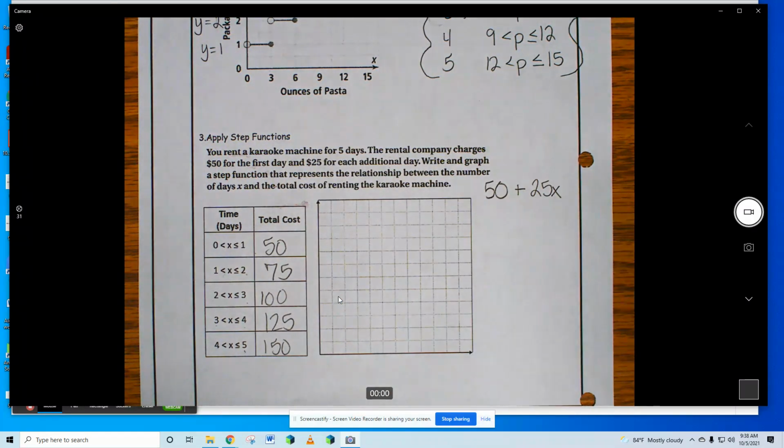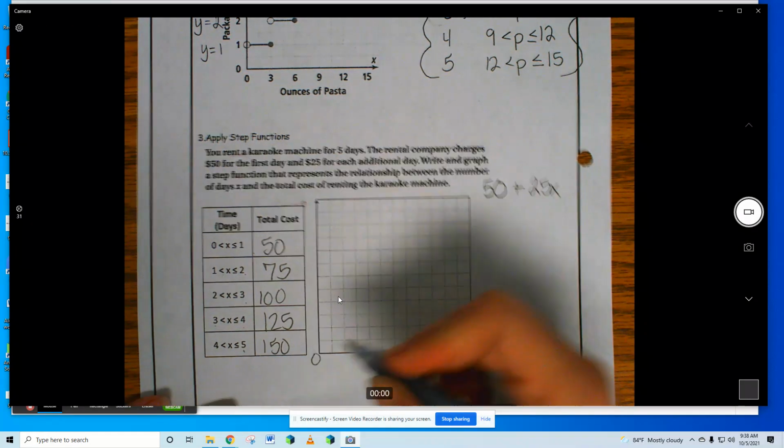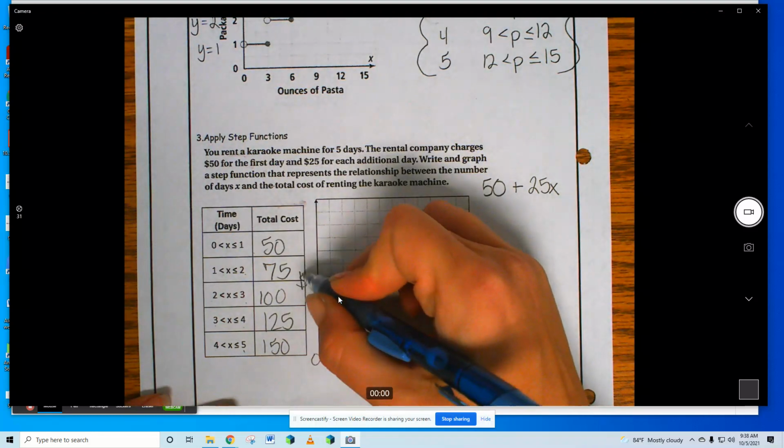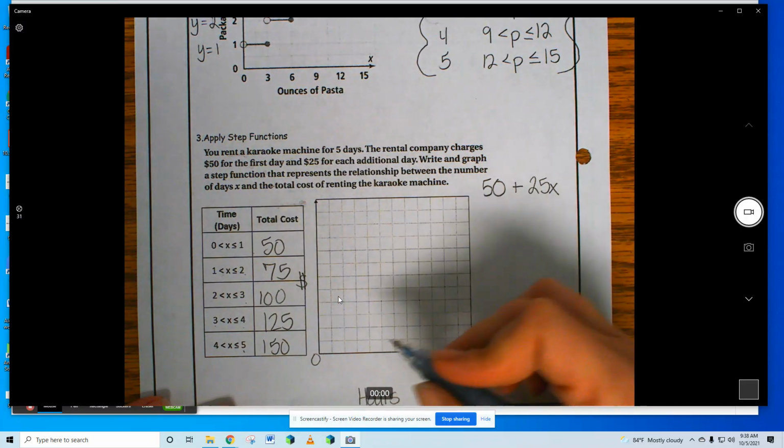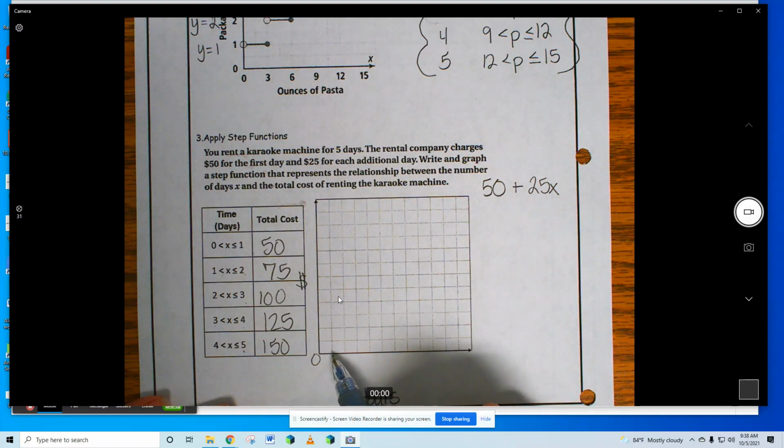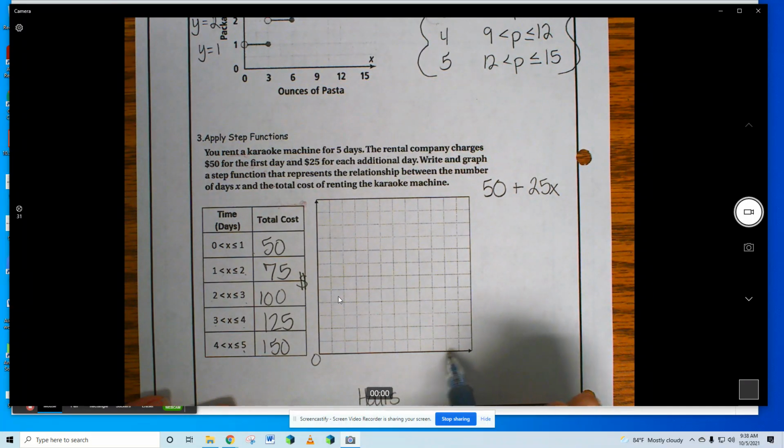Here's what this means. I'm going to have to make a graph, a step function, and my money is going to have to be all the way from $0. Here's money. And here's hours. The most I went was 10 or 5 hours. 1, 2, 3, 4, 5, 6, 7, 8, 9, 10, 11, 12.